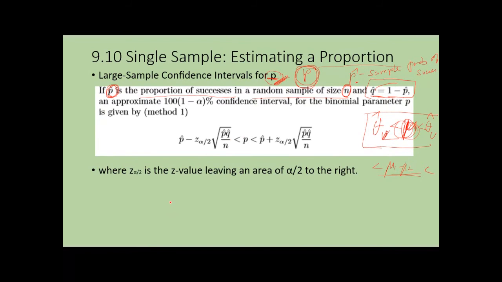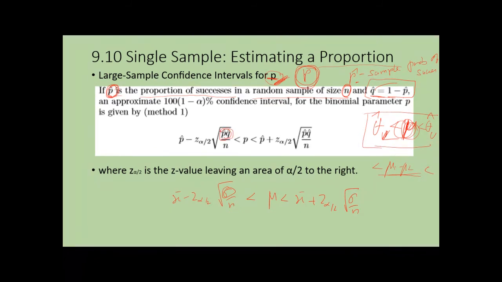Go to the first formula we have studied: x bar minus z alpha by 2 times sigma over root n less than mu less than x bar plus z alpha by 2 times sigma over root n. Similarly, if there is no sigma, what will be the new matter? We have P cap and Q cap.